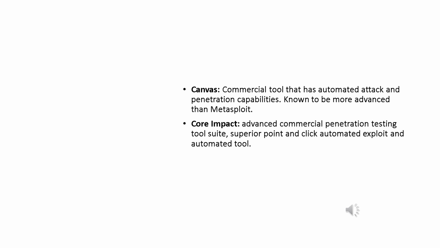Canvas, a commercial tool that has automated attack and penetration capabilities, is known to be more advanced than Metasploit. Core Impact, an advanced commercial penetration testing tool suite, is a superior point and click automated exploit tool.